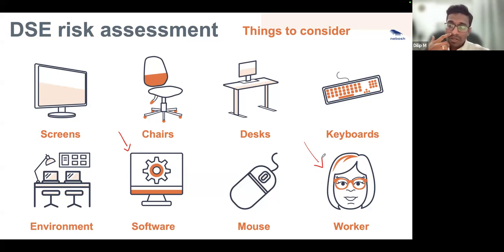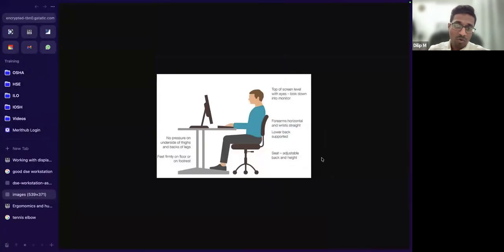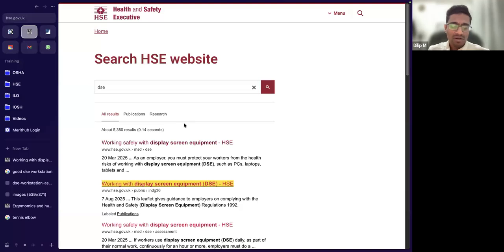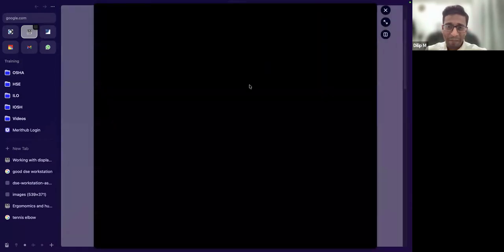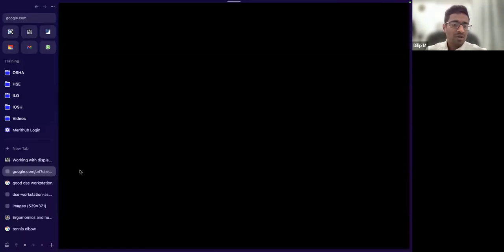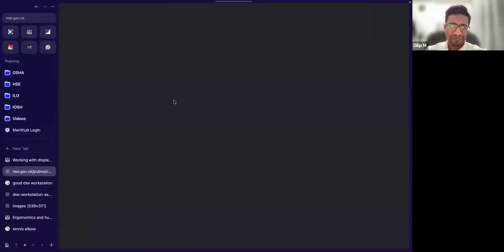Now if you want, you can check these features for more information here, but again, it is not required for the context of your risk assessment, but for general information, you can use this. Okay, this document which talks about a checklist.